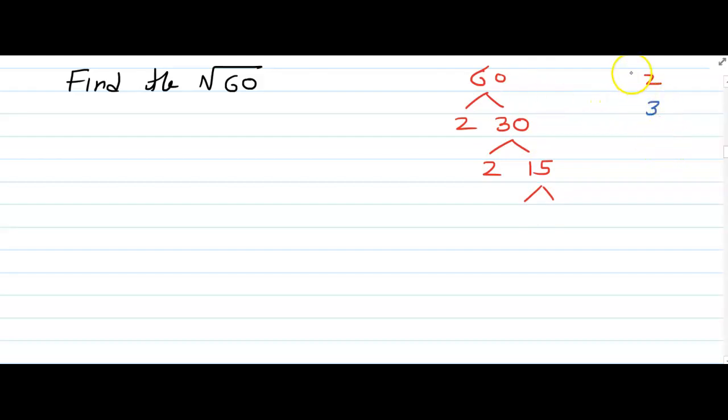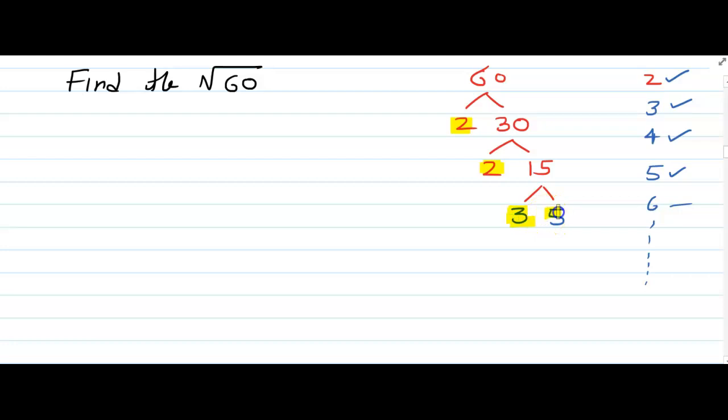As I told you in the class, we always follow the order: first 2, then 3, then 4, then 5, then 6, and so on. So 15 doesn't come in the 2 timetable, so let's take 3. So 3 times 5 is 15. Okay, so these are our prime factors.